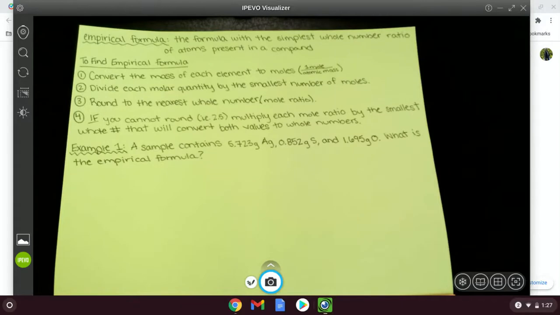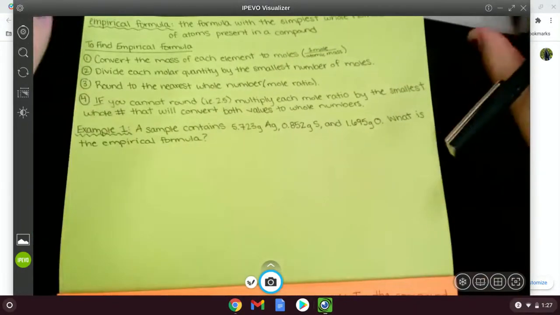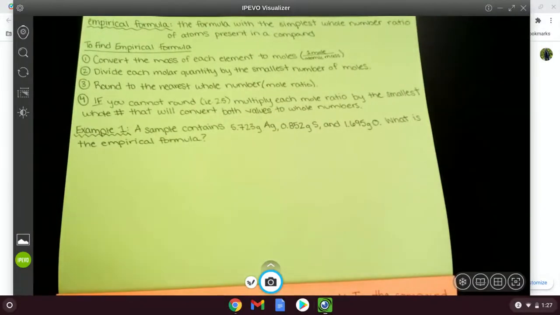So we're back. You've paused the video, you've taken down the notes. So let's go ahead and determine this empirical formula for our first example. Again, the example is a sample contains 5.723 grams of silver, 0.852 grams of sulfur, and 1.695 grams of oxygen.